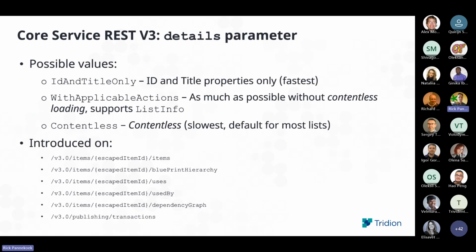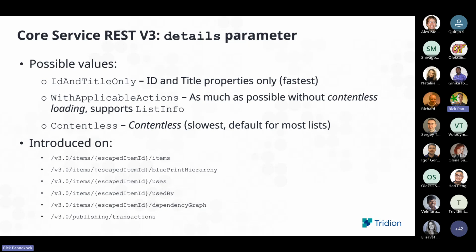And that's why in the Course of REST v3 we decided, for quite a few often used lists, to introduce a details parameter to give you more control over whether we use that contentless loading or not. So we have a details parameter with 3 possible values. ID and title only.